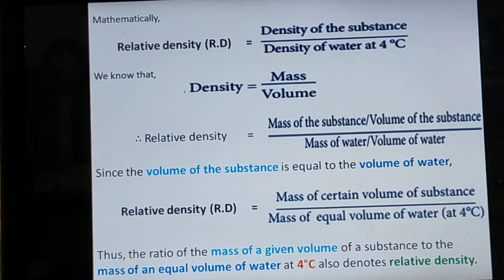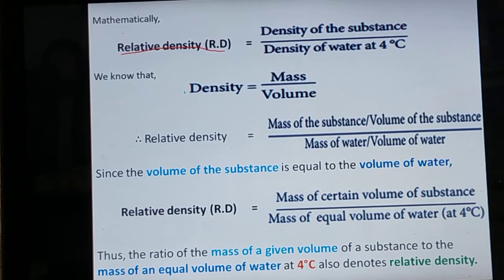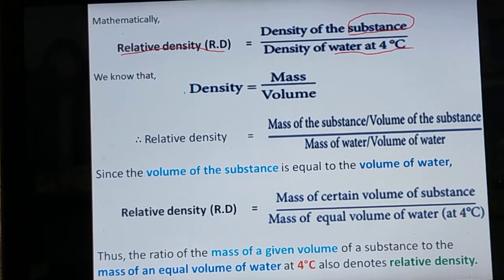Listen, mathematically the ratio, that is relative density, we can write as the density of the substance, that means the unknown substance, compared with the density of water at 4 degrees Celsius. As for how we calculate density, density is mass per unit volume.